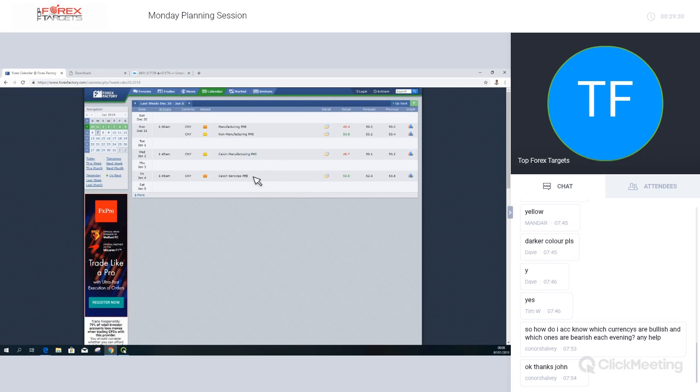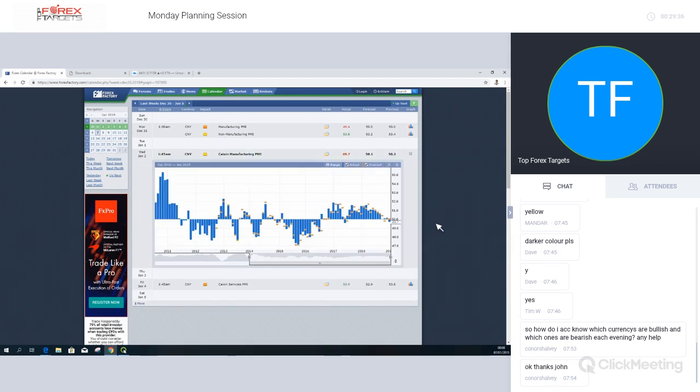So you really want to be looking towards the private Caixin PMIs, and you can see for the first time since 2017 we have had a reading below the 50 mark. Now, when you're looking at the business PMIs, anything above 50 denotes a growth in the manufacturing sector, and below 50 is a contraction. So we're starting to see a contraction coming into the manufacturing sector in China.